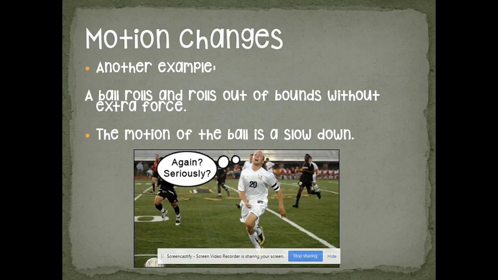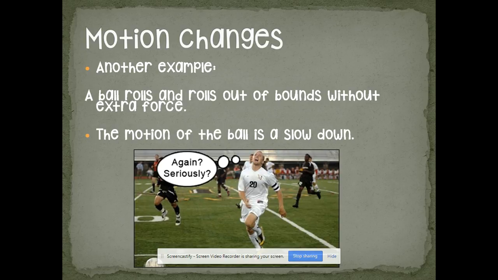The third is when we don't make a good soccer kick. Sometimes we don't connect with the player we were aiming for. They don't know the ball's coming, and the ball rolls and rolls out of bounds without us applying any extra force. We're not going to intentionally kick the ball out of bounds because we want to score a goal, not have to restart. So as that ball rolls and rolls and rolls away from the player, it is going to slow down.